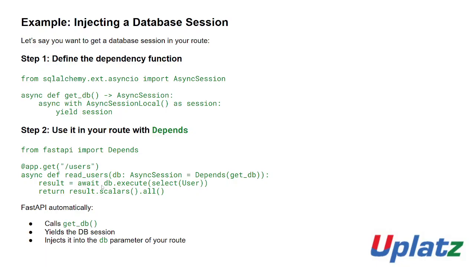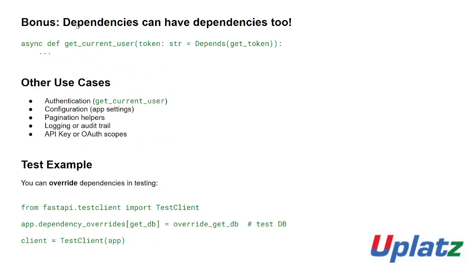result = await db.execute(select(User)). Then return result.scalars().all(). FastAPI automatically calls get_db, yields the DB session, and injects it into the db parameter of your route. Bonus, dependencies can have dependencies also.